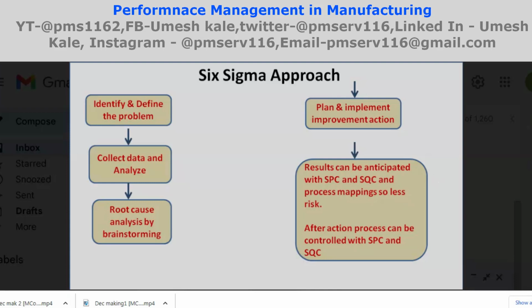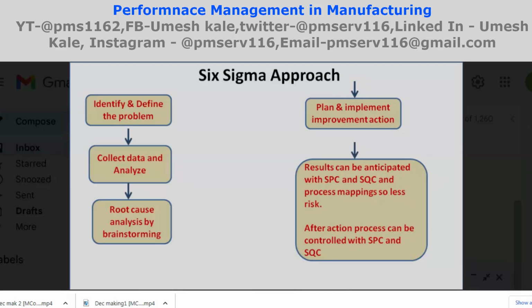In the first stage, the problem is identified based on data and analysis, meaning you have to identify why we are selecting this problem, what cost is involved, and how much benefit your management will get if you solve this problem. So for problem solving, you have to analyze the problem, and the customer role is also important.